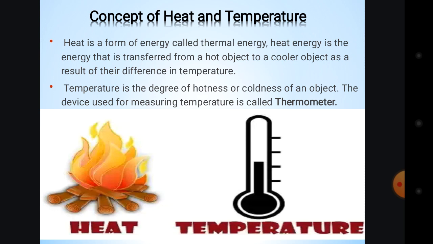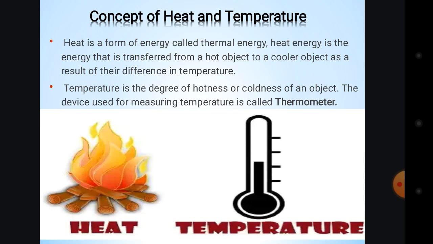So heat is the energy that is transferred from a hot object to a cooler object as a result of their difference in temperature.